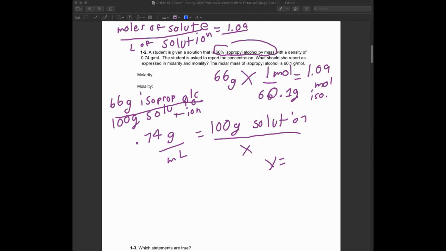Okay, so if you solve for that, what you get is 135.13 milliliters of solution.